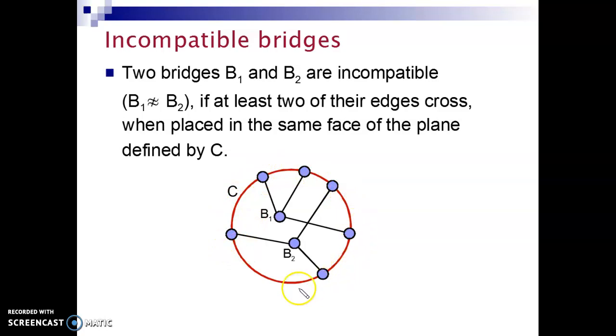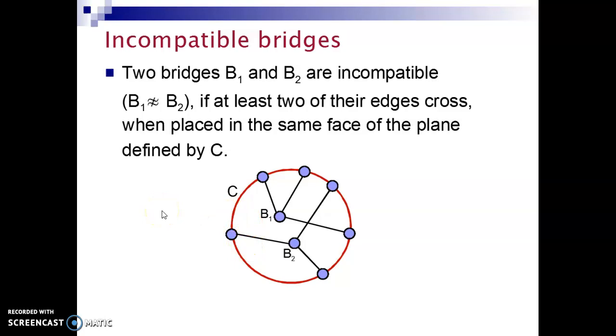Here is an example random cycle formed of 1, 2, 3, 4, 5, 6 nodes. And assume that we have two bridges, B1 here and B2 here. There is no way for us to draw both of the bridges on the same face, because you can see that this cycle divides the whole plane into two faces.